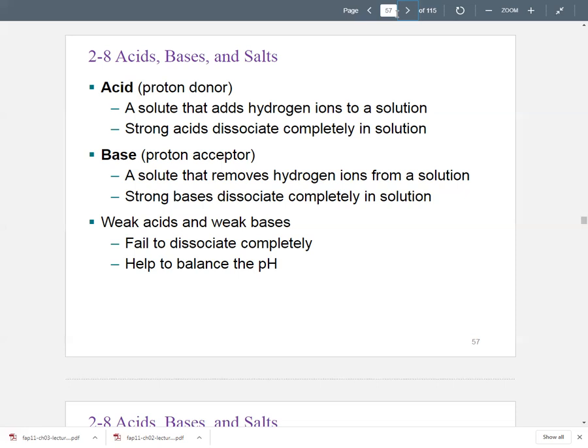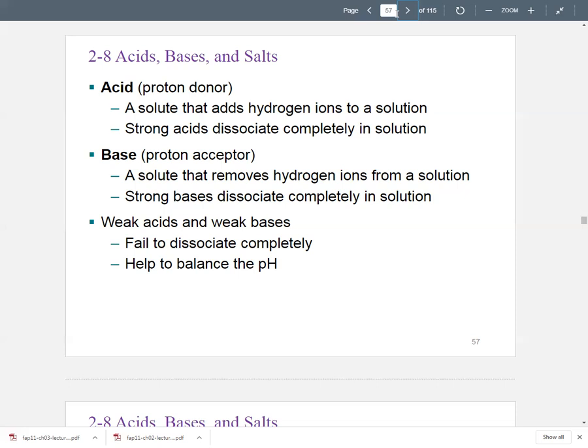So an acid is strong if it dissociates completely in solution. Remember I showed you a table of different chemicals and what they do when they get in water. If they dissociate completely and get rid of all their protons, they are a strong acid. If they don't, they're a weak acid.